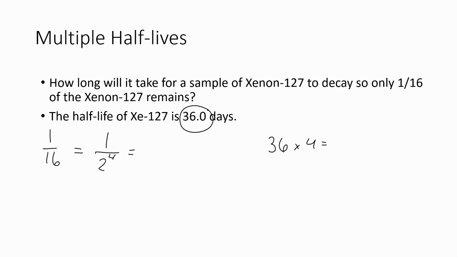What is 36 times 4? 144. 144 days. So if we have 1/16 of our sample left, it must have been 144 days since we started with our sample. So you just have to figure out, if I have 1/16, that's 4 half-lives, and then you multiply that number by your half-life. I see.